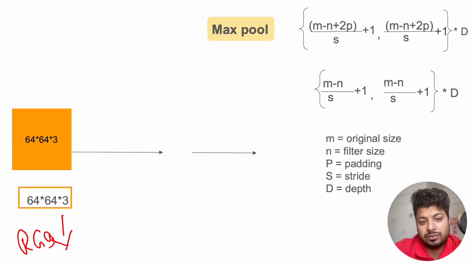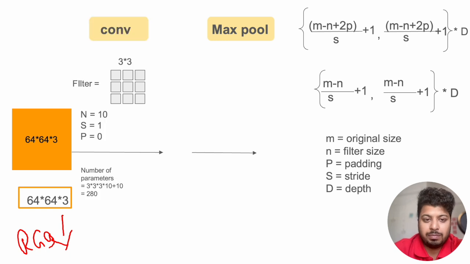On this 64 cross 64 cross 3 image, I am applying a convolutional operation with a filter size of 3 cross 3, where the number of filters is 10, stride is 1, and padding is 0. For our convenience, I have written the formula here so that we can refer to it.